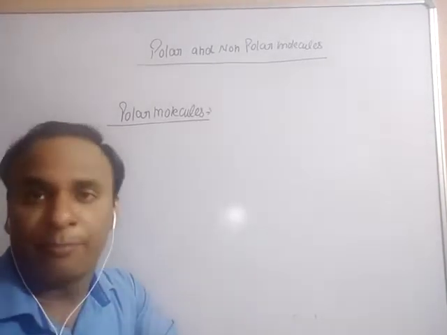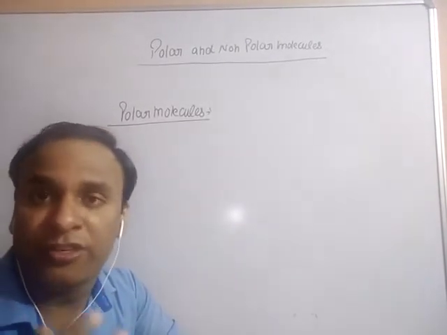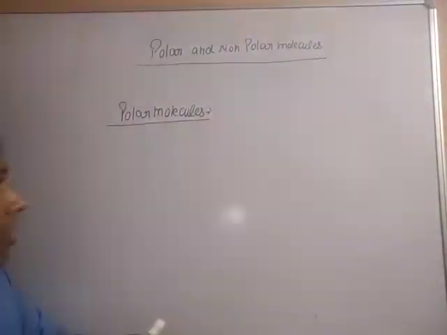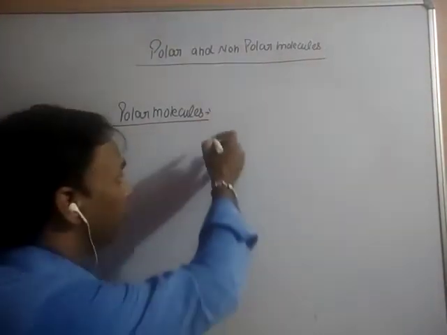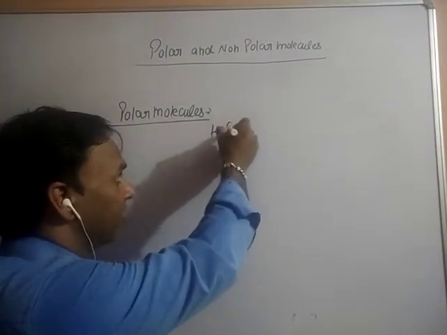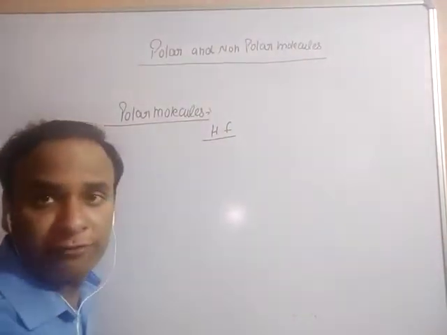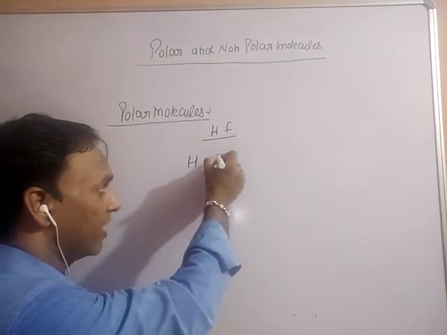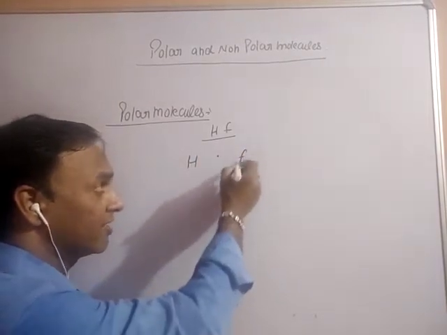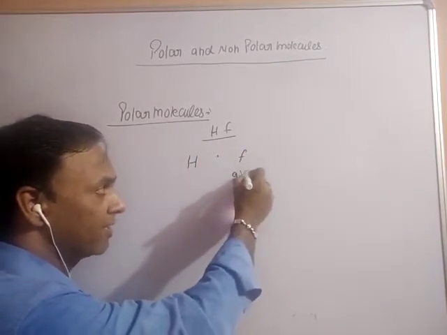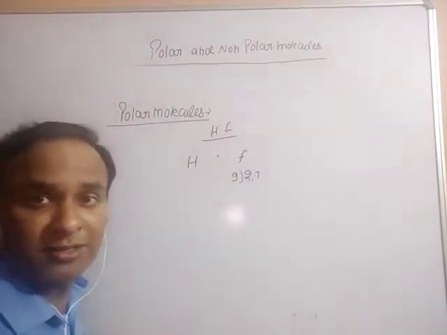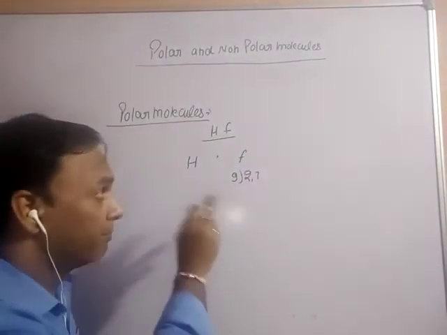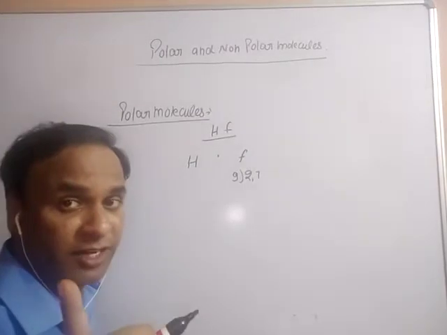Now, one more example of polar molecules is hydrogen fluoride. Clear? Hydrogen fluoride, whose chemical formula is HF. In the same manner, hydrogen has 1 electron, fluorine has 7 electrons because its atomic number is 9 and configuration is 2, 7. Clear? Both the atoms share only one electron.